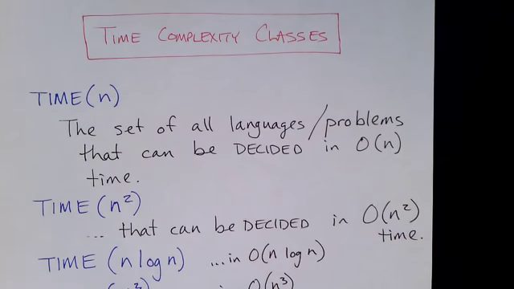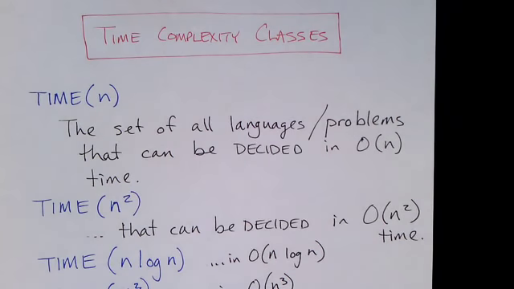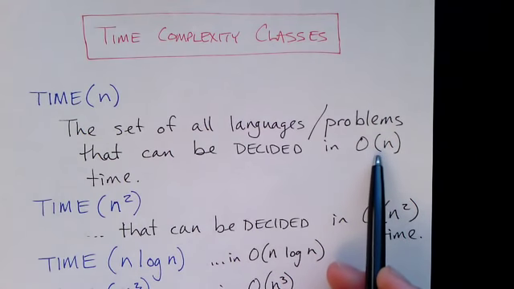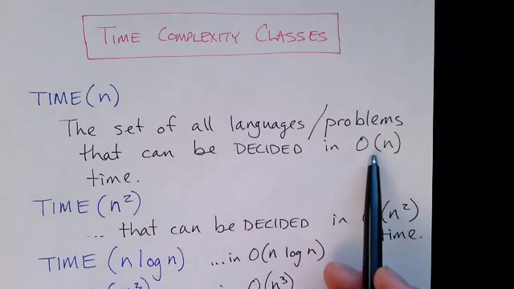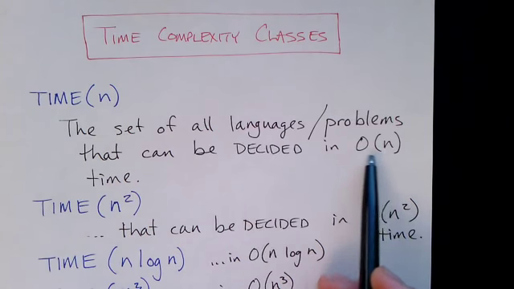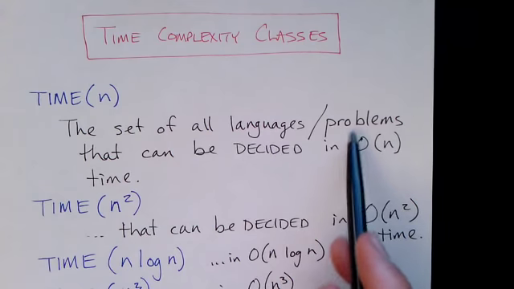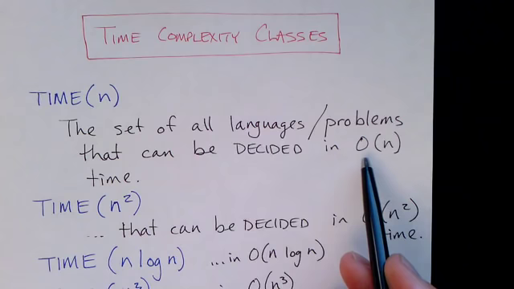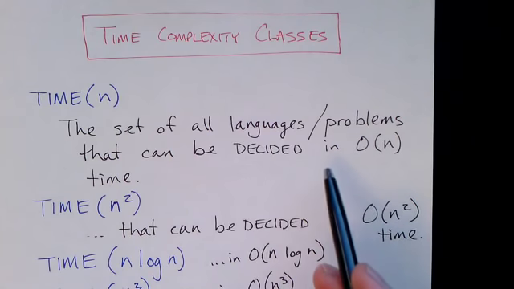Now that we have our order notation, we can talk about all the problems that can be decided in a particular amount of time. Order n is just linear time. There are many, many useful algorithms that are order n, that are linear algorithms. And we can talk about all the problems or the languages that can be decided in linear time and create a separate class of problems.